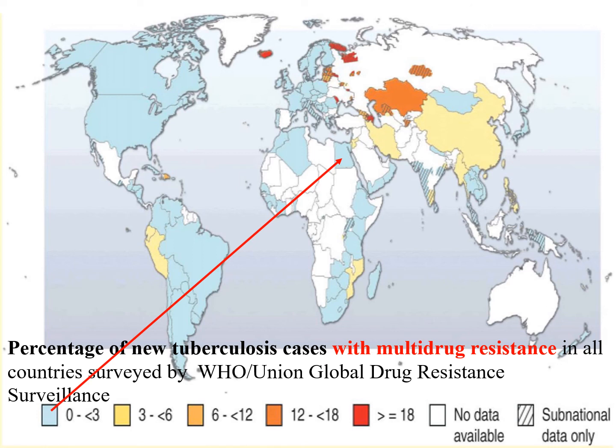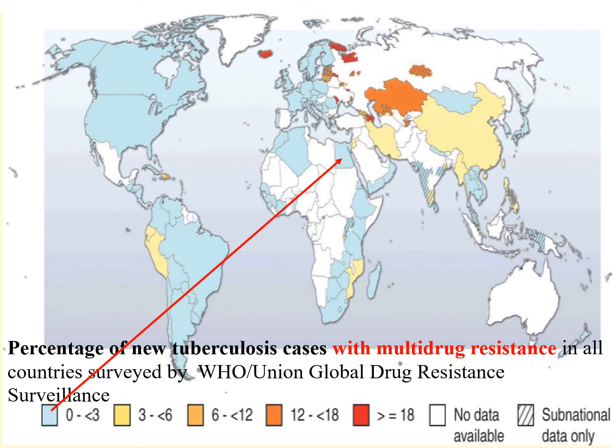This map indicates a very well-known problem of resistance to tuberculosis drugs, anti-tuberculosis drugs. This map shows the percentage of new tuberculosis cases with multi-drug resistance. Okay, the percent.